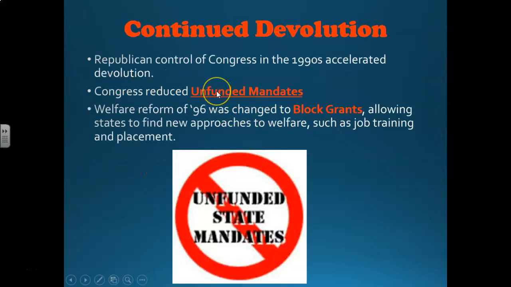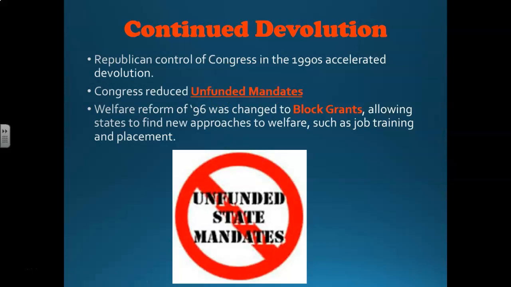There's another term that you're going to need to jot down called an unfunded mandate. Unfunded mandates are when the federal government passes a law that mandates that something happens but provides no money for it. They're basically telling the states, you have to do this, and we're not giving you any money to do it.